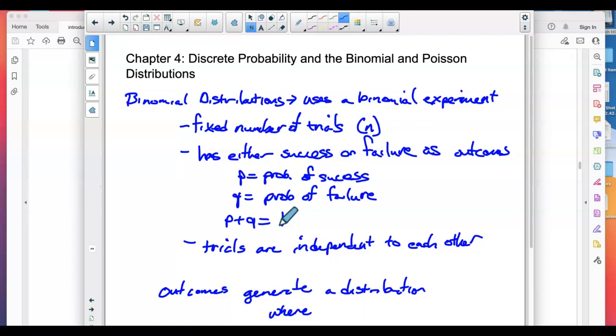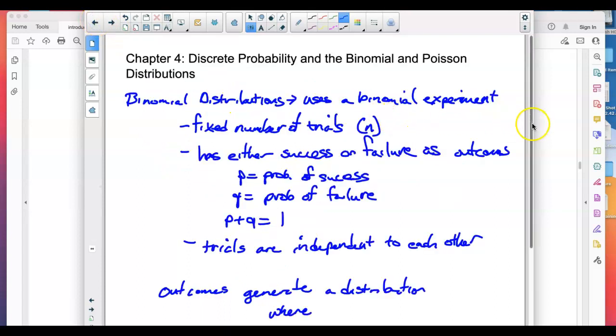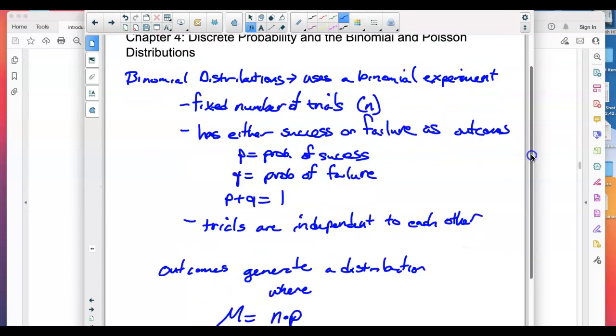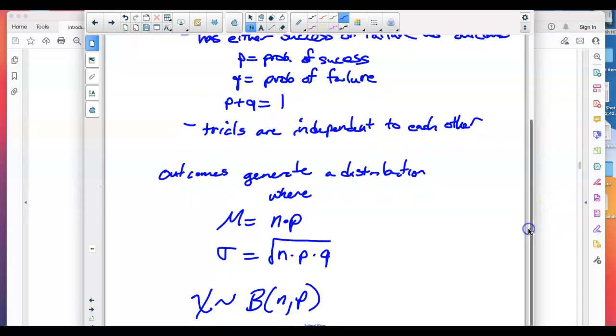Okay. Now the outcomes that we generate will generate a distribution. And that distribution is going to have a mean and a standard deviation. The mean and the standard deviation are just given by these formulas. They're very simple formulas. The mean is just the n value, the number of trials, times the probability of success. The standard deviation is just the number of trials times the success rate times the failure rate, and then the square root of that number. So they're very simple formulas.